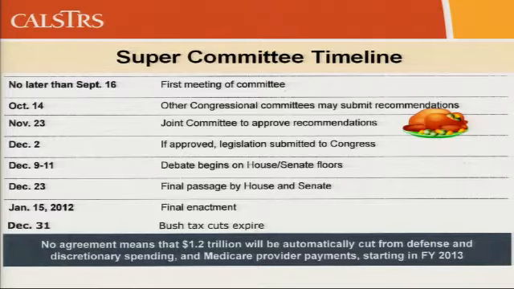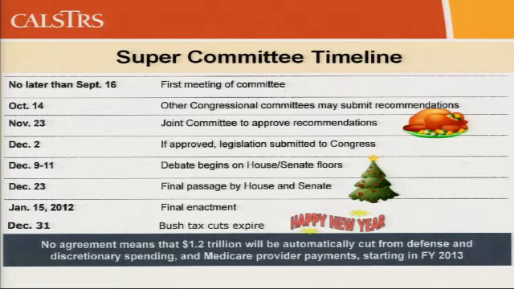So here are the upcoming dates for the Super Committee. It's very important, and the reason I use the cute little graphics is just to remind us it's going to take a long time, all the way out to the holiday period before this group is done. And I guarantee you Wall Street will have a conniption fit every time around these dates, positive, negative, and the rhetoric will, I'm sure, drive us crazy.